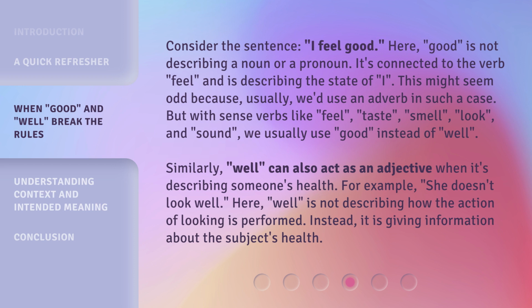It's connected to the verb, feel, and is describing the state of I. This might seem odd because, usually, we'd use an adverb in such a case. But with sense verbs like feel, taste, smell, look, and sound, we usually use good instead of well.